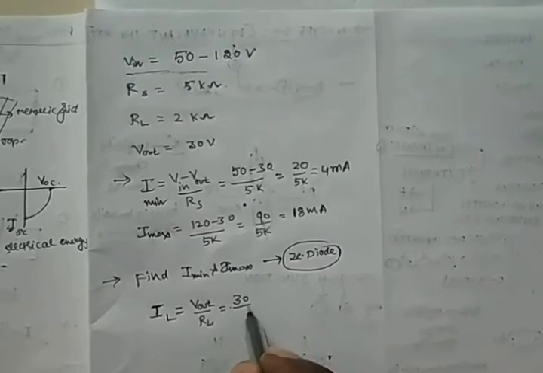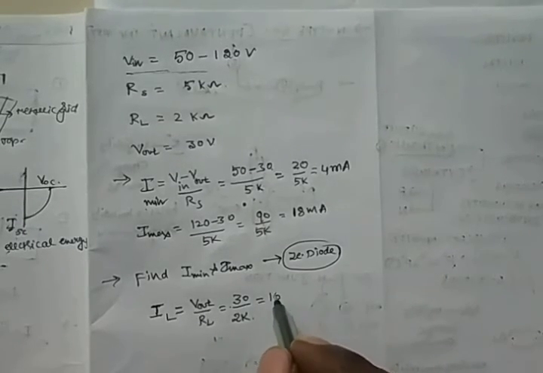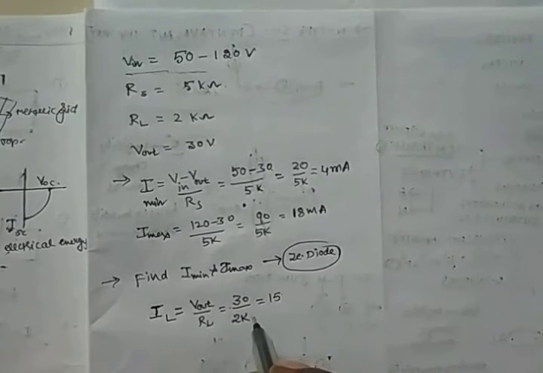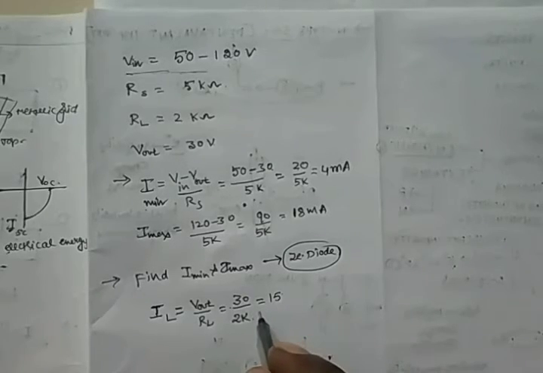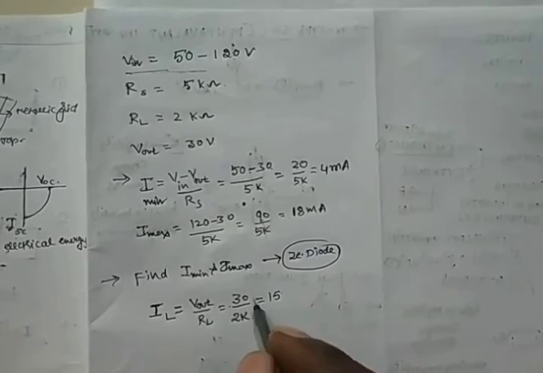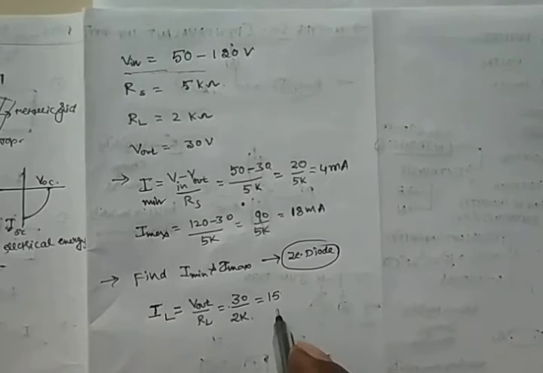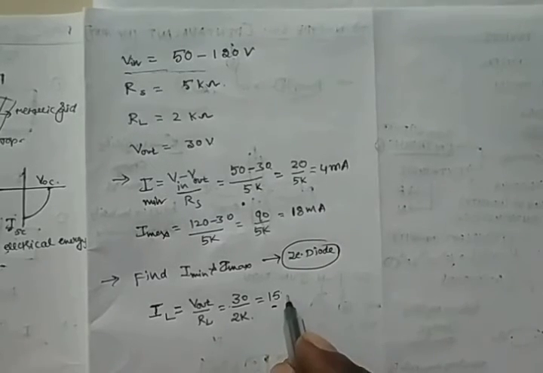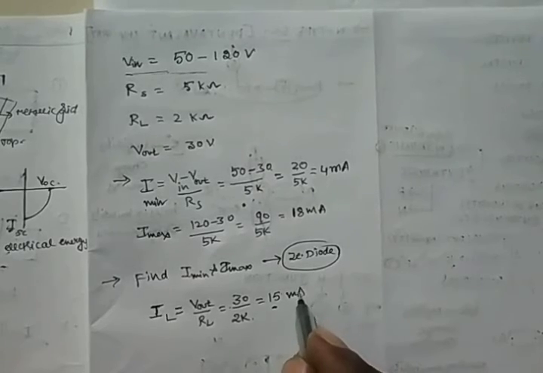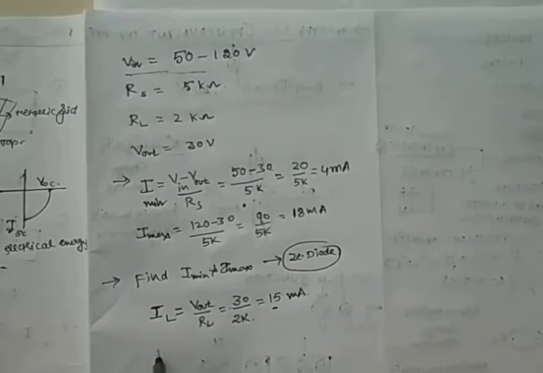Output voltage is 30 and load resistance is 2K. Then you will get 15 milliamperes.